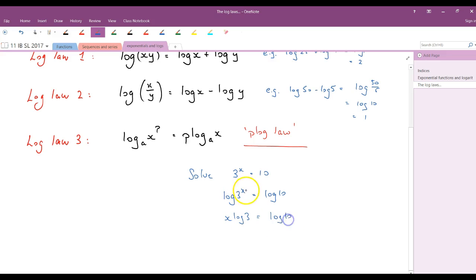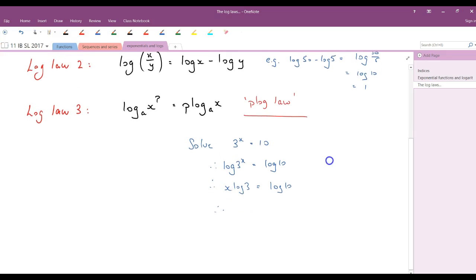How good is that? That power of x, which has been troubling us, now comes down using the plog law, and log 3 is just a numerical value. So x is now equal to log 10 over log 3.